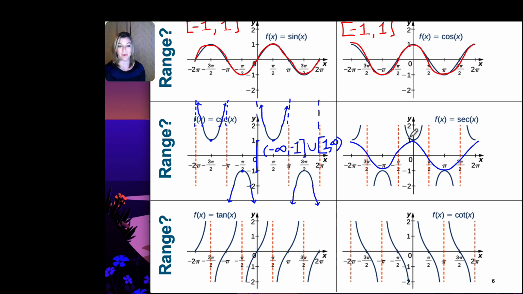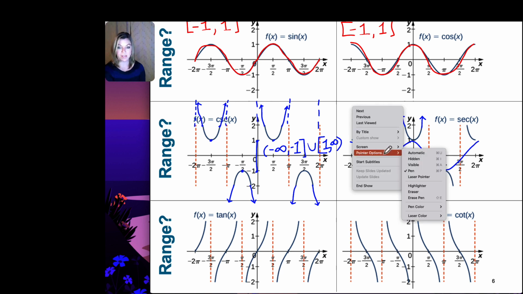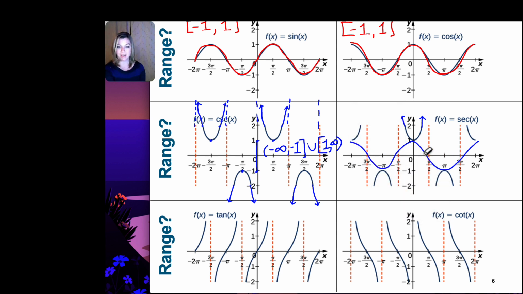So you can go through point by point, increase these asymptotes, increase these parabolas using the same method that we did over here, and that will lead us to the graph of secant. I'm going to erase cosine though, because I don't want you to accidentally think that that cosine graph right here is a part of secant. Secant graph is here.